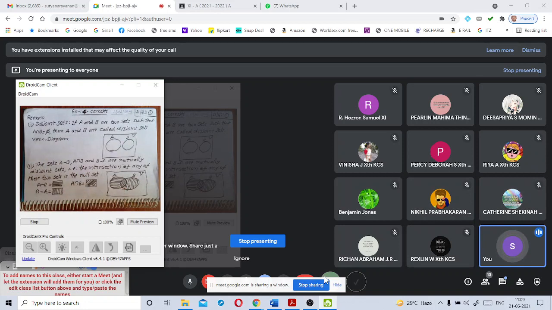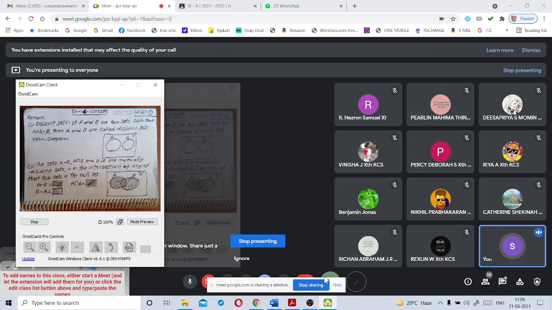If you take these two sets, there is no common element. A intersection B and B minus A, there is no common element. A minus B and B minus A, if you take these two sets, there is no element in common. That is why we say that A minus B, A intersection B, and B minus A are called mutually disjoint.